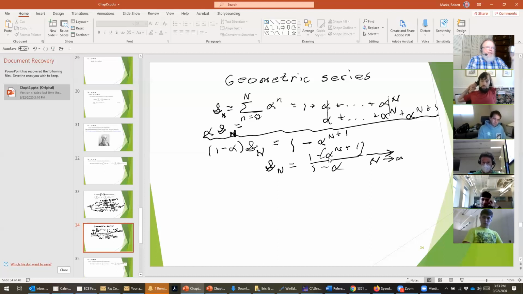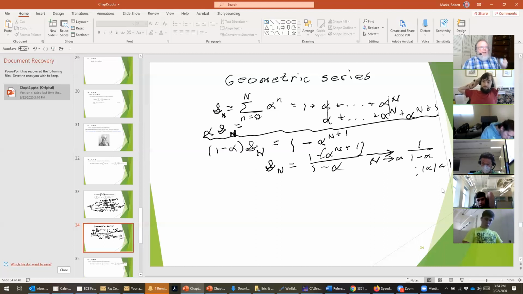If you take 0.9 and raise it to the 1000th power, you get basically 0. If you take 2 and raise it to the 1000th power, you don't get 0. So as n goes to infinity, the second term goes to 0, and we just have 1 over 1 minus alpha, under the condition that alpha must be less than 1.